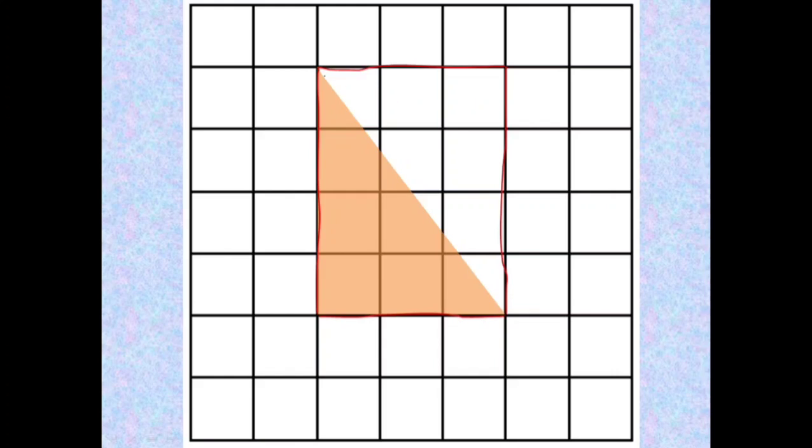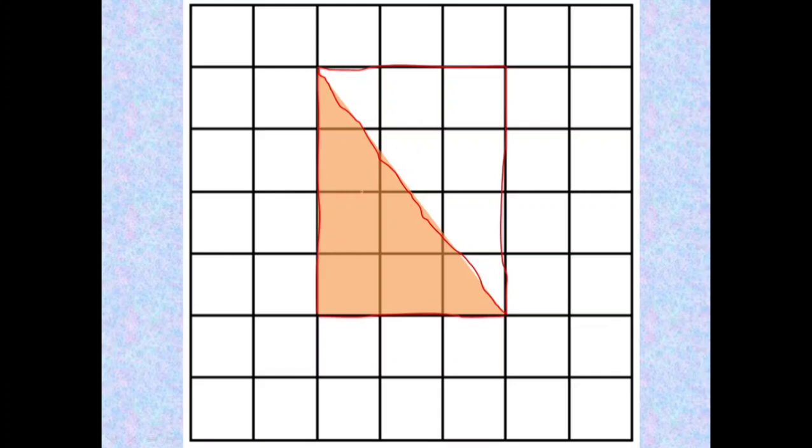Now what do we see? That this side of the triangle is dividing this rectangle into two equal parts. So what will be the area of this triangle, beta? Half of the area of this rectangle. And what was the area of the rectangle? It was 12 square centimeter.